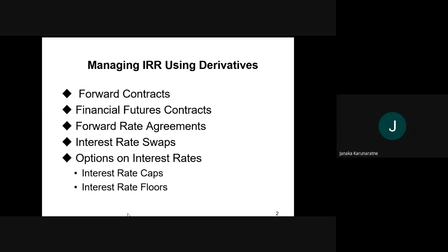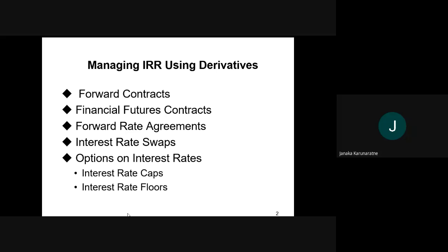Always the price is related to another underlying financial instrument, for example, a stock price. If you talk about a forward contract in a particular stock, the forward contract price, the value depends on the price of the underlying stock.